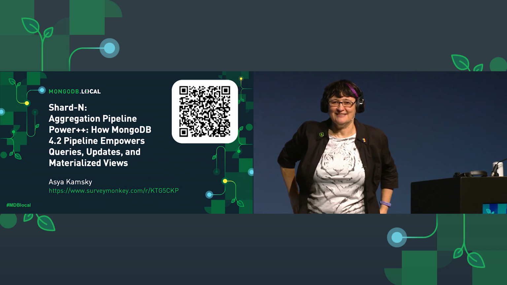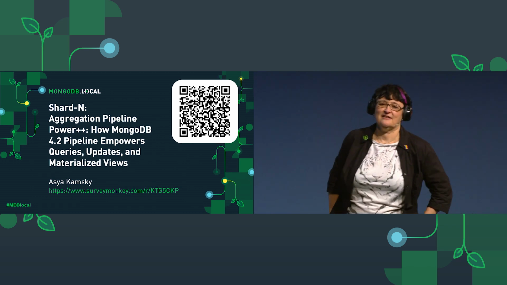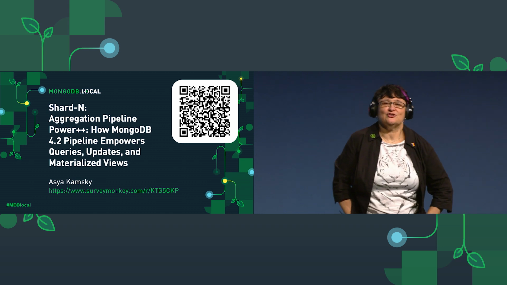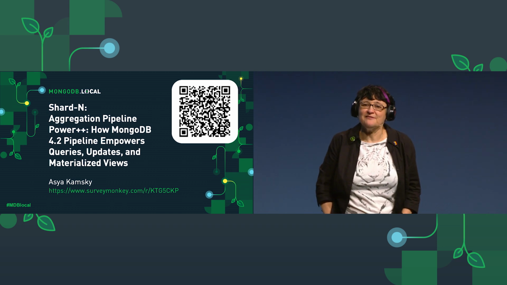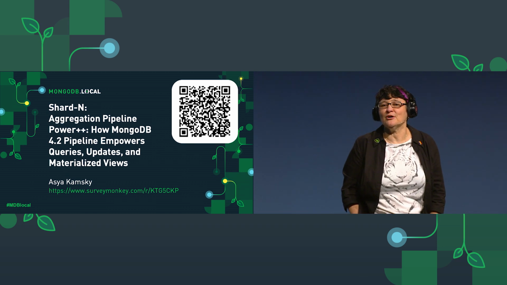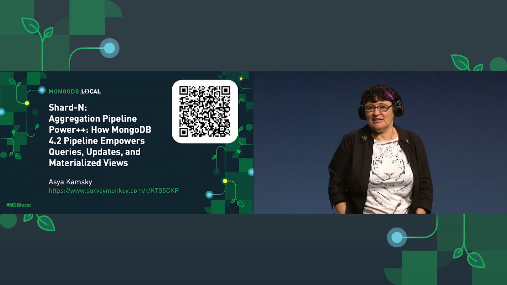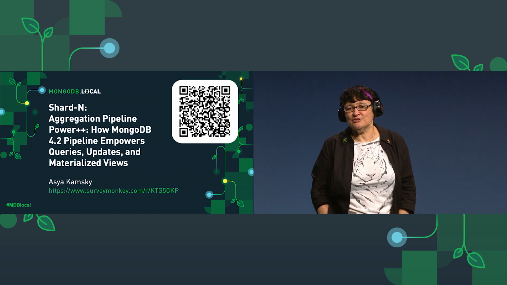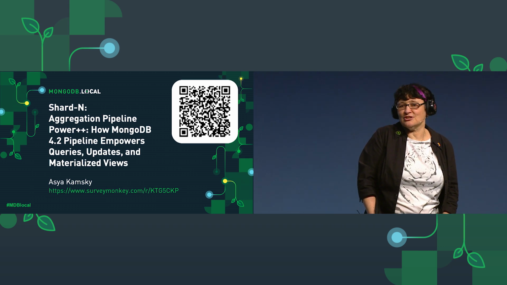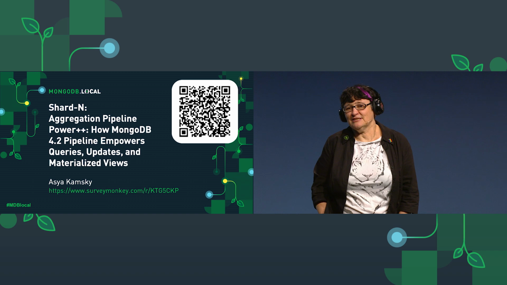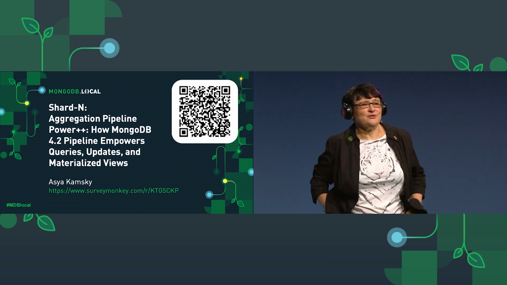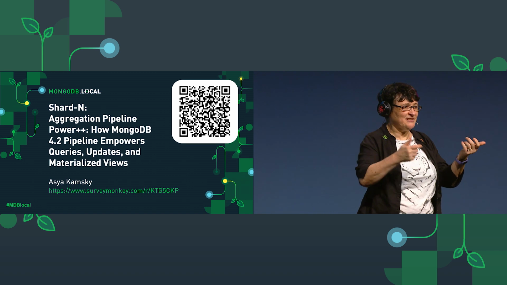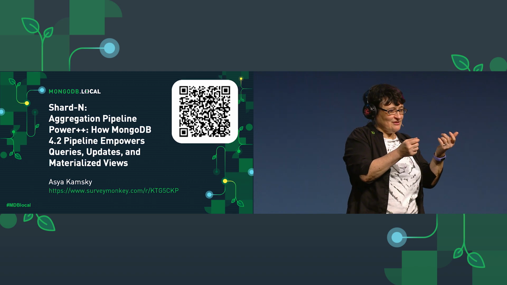Hello. Can we use rename in this update? Well, $rename is a modifier in update. It is not a modifier that exists in aggregation. You have other ways of doing a rename, right? You can do a $set and a $unset. So for those who don't know, $rename in an update changes the name of the field.